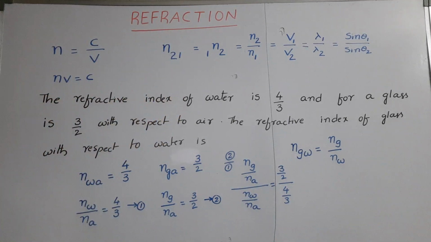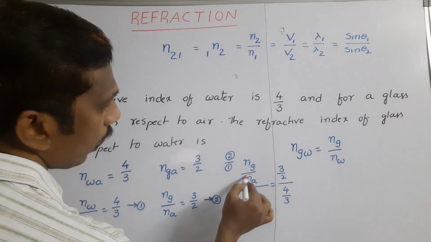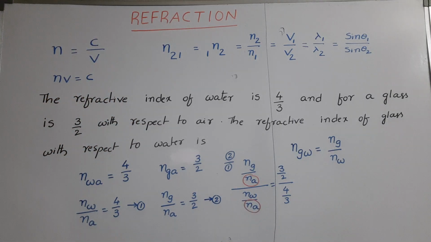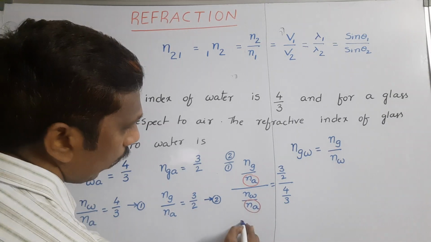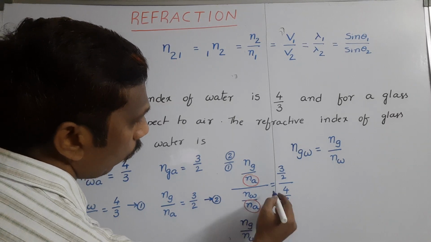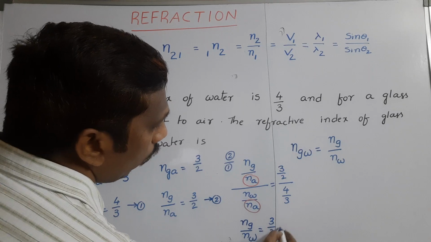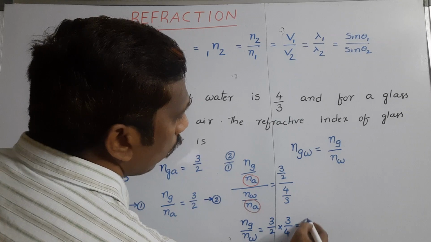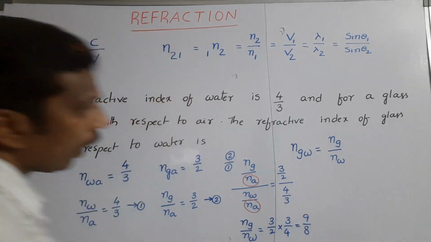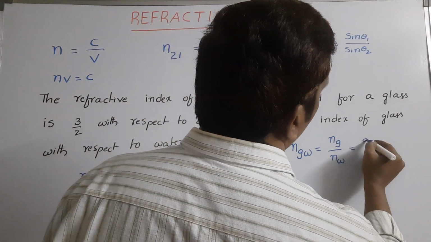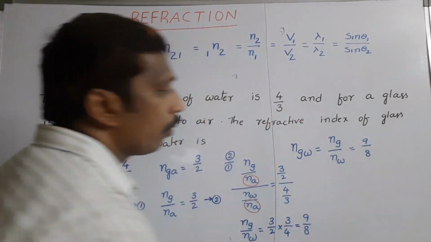In the denominators, the refractive index of air gets cancelled. Then we get refractive index of glass by refractive index of water is equal to 3 by 2 into the reciprocal, which becomes 3 by 4, which is equal to 9 by 8. So the refractive index of glass with respect to water is equal to 9 by 8.